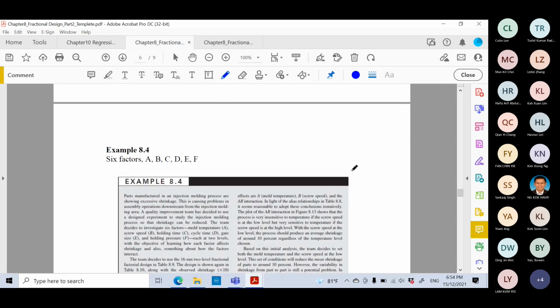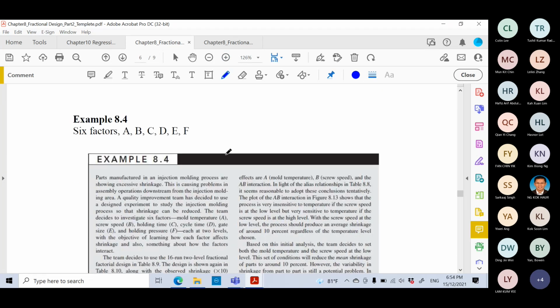Okay, so this one is the following example, example 8.4 here. This example consists of 6 factors. Okay, they have 6 factors here. So just now, if you still remember, I have a basic design.